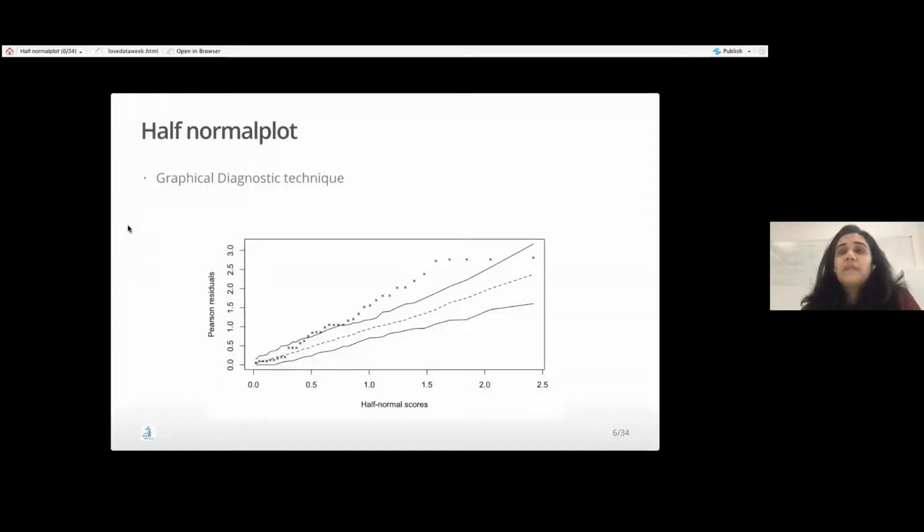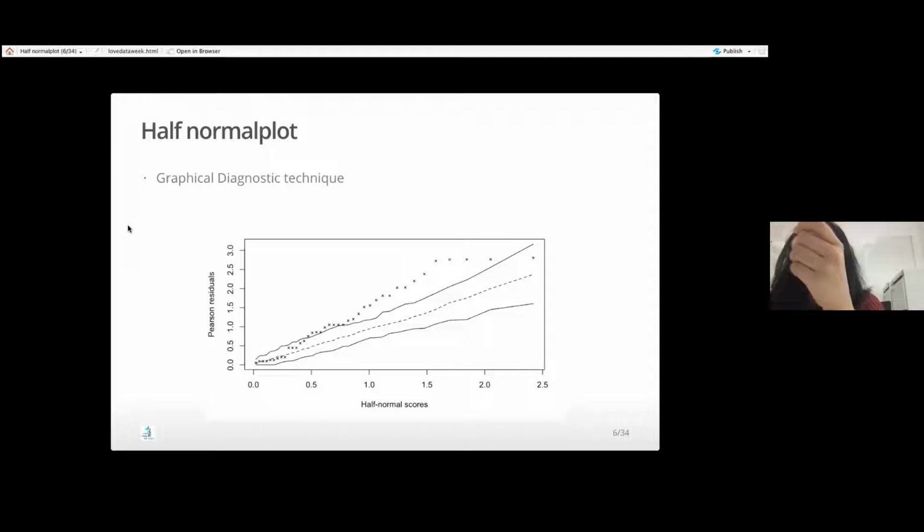We move on to a graphical diagnostic technique called half-normal plots, where we plot the residuals, here Pearson residuals, against the half-normal scores. I'm not going into detail about the half-normal plot, but please have a look at the references section, where the paper explains it.